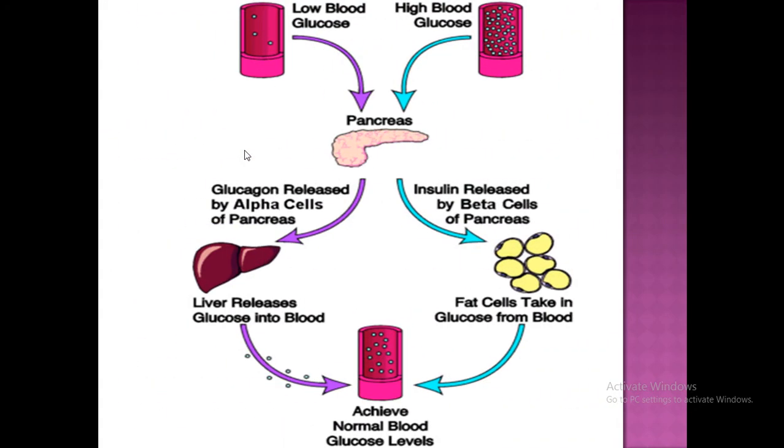Through this diagram, I want to show you a clearer picture of how the blood glucose level is maintained by glucagon and insulin. They are released and control its level so that the blood glucose level remains within normal limits.